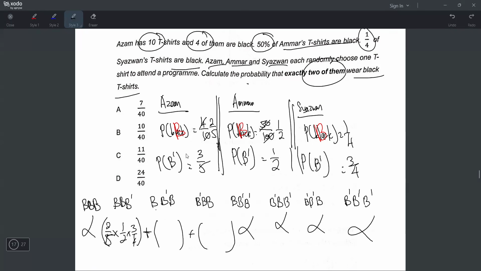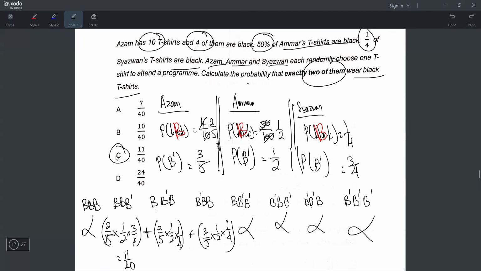This one is first black, so it is 2 over 5, times Amar not black 1 over 2, third person black 1 over 4. Last one, first person Azam not black, so 3 over 5, times both black here, 1 over 2 black, this one also black 1 over 4. Now, press all this in your calculator and you will get 11 over 40.